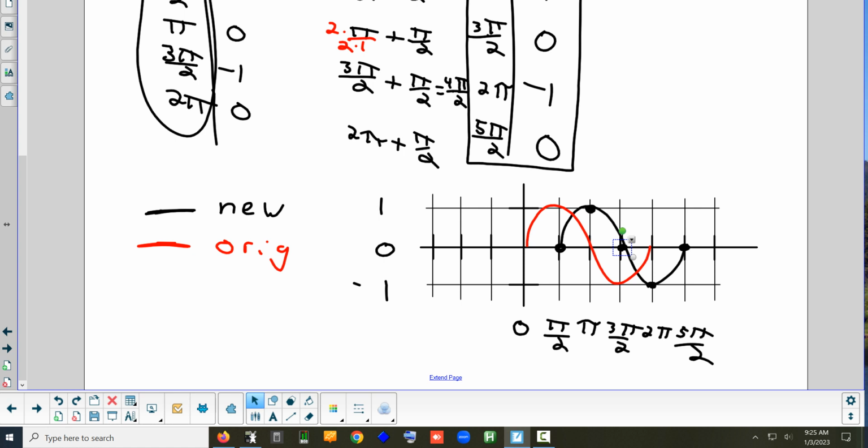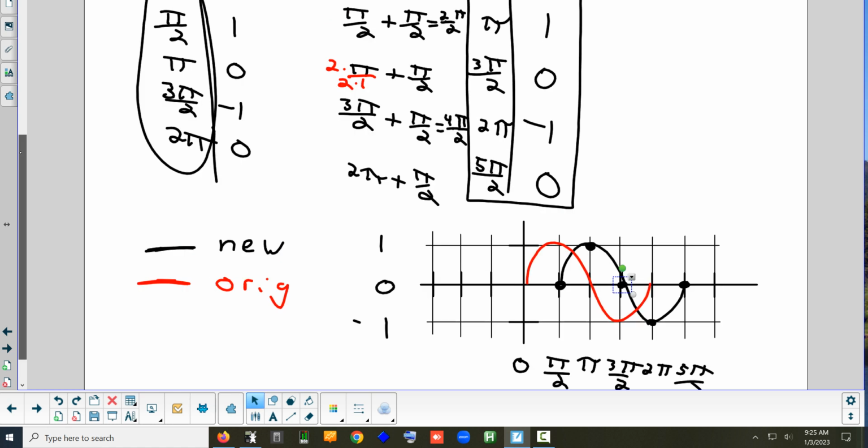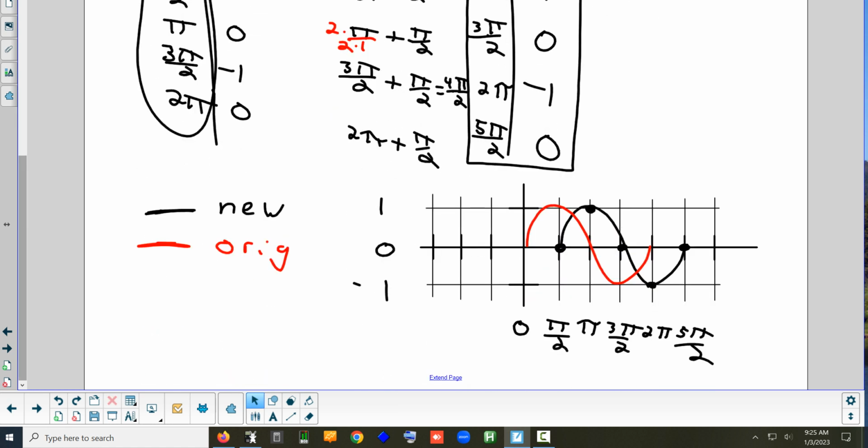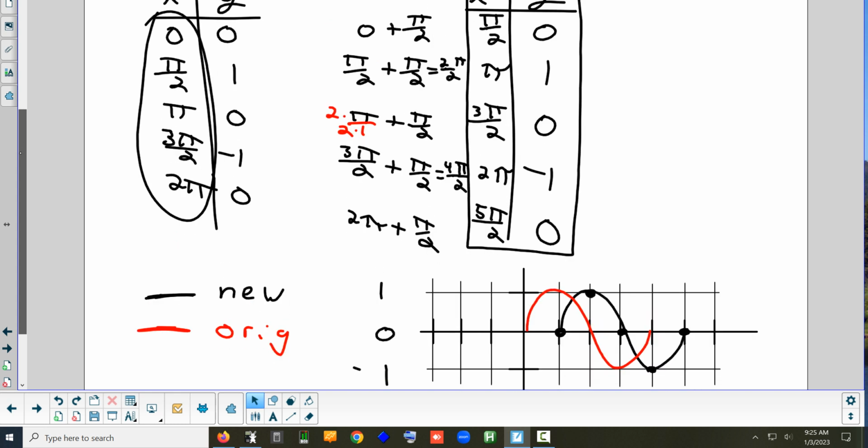That means they're off from each other 90 degrees. And that's it. So the table would be worth 10 points, and then the sketch would be worth 2 points. Any question on the table or sketch?